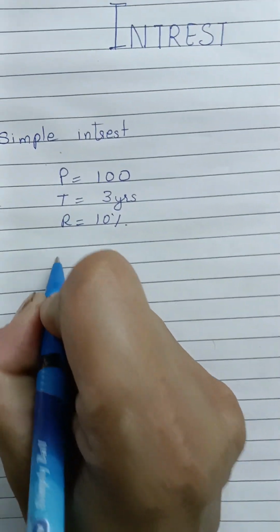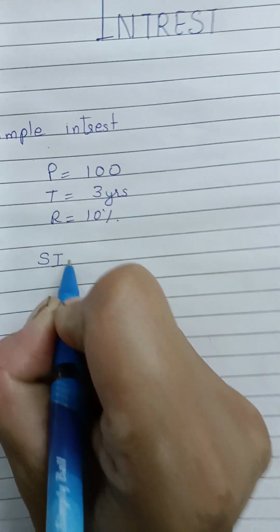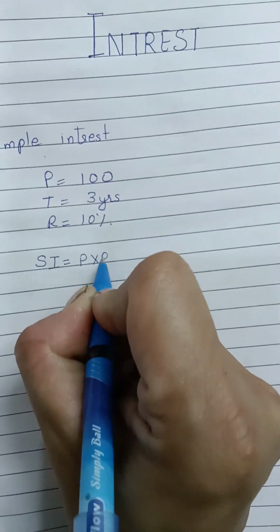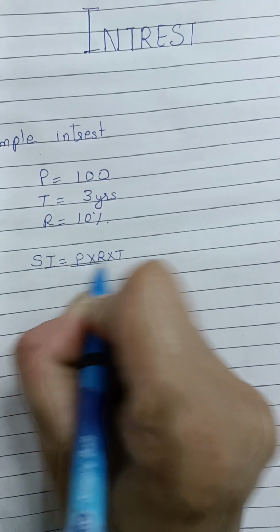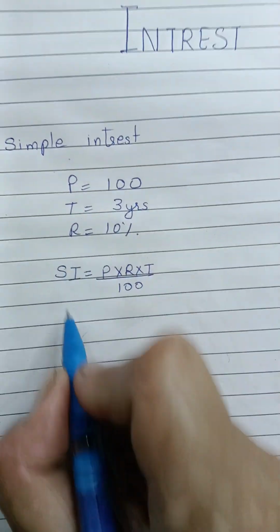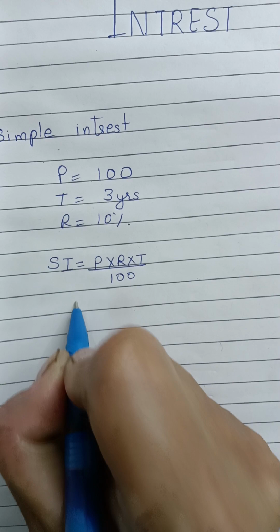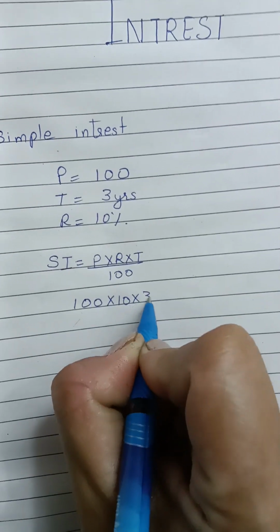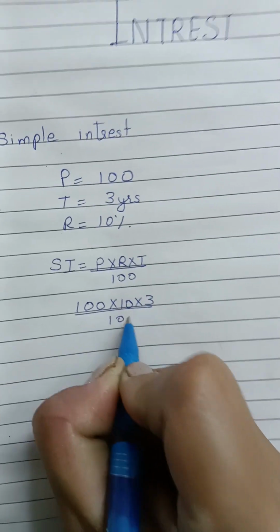First of all, we calculate simple interest. Simple interest is equal to principal into rate into time upon 100.